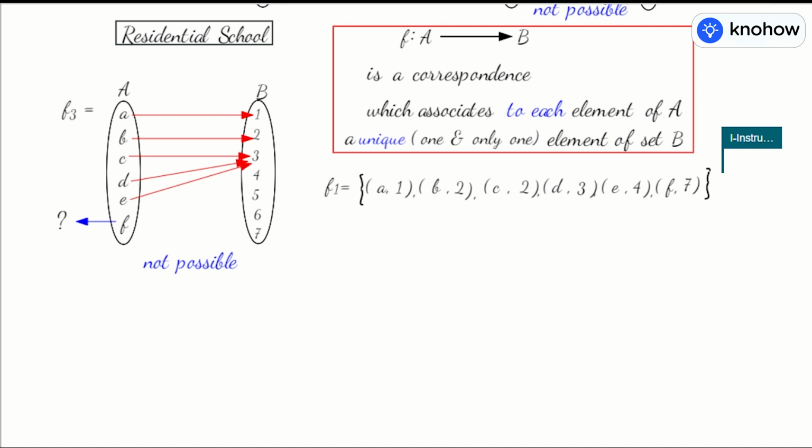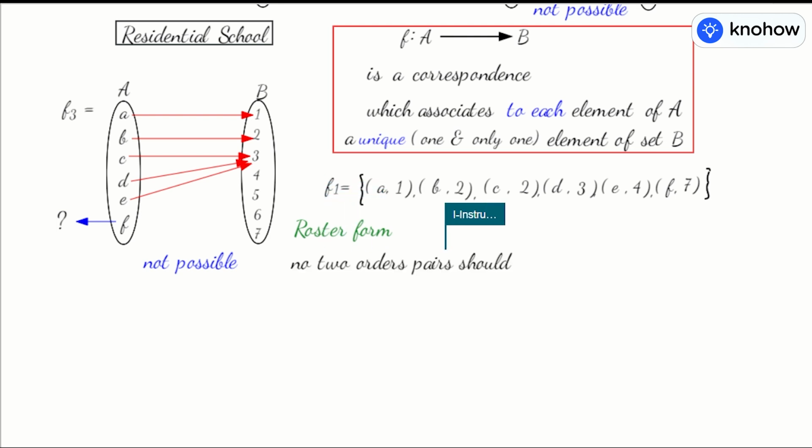If I define the function in roster form, earlier I defined it in terms of sets. What do you find? A, B, C, D, E, F. There are no two ordered pairs in which the first entry is repeated, though in the second entry you find 2 is repeated. That means two elements, B and C, are associated to the same element. That is possible.